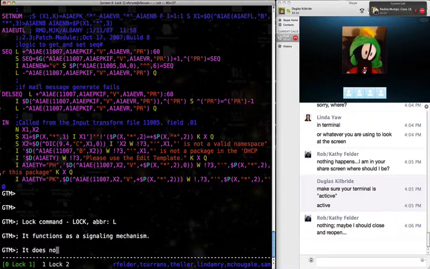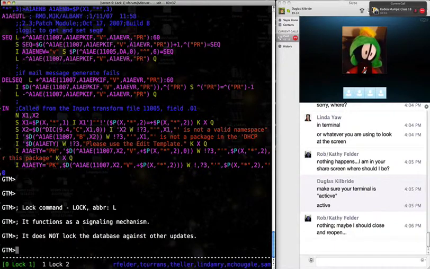It does not lock the database against other updates. All right, this is really important.